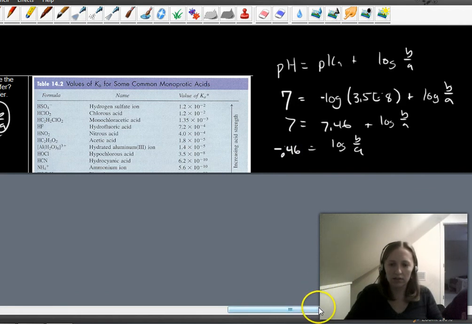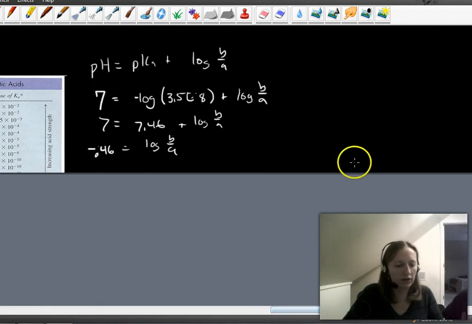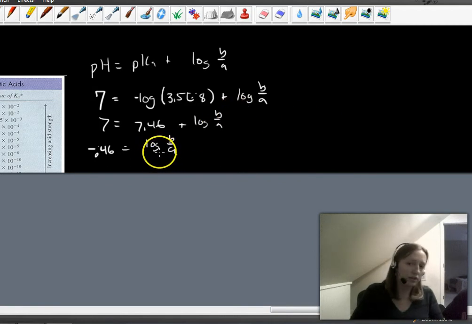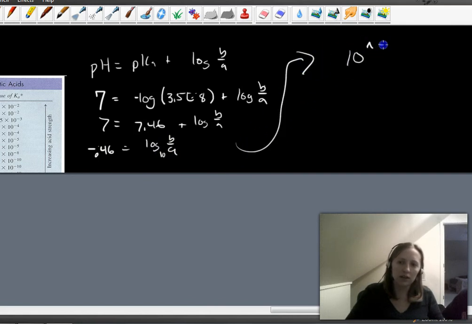And I need to scroll over again. I'm sort of out of room here. And so what that means is I need to unlog, and that's 10 to the negative 0.46 equals B over A. And so that means that 0.35 equals base over acid.